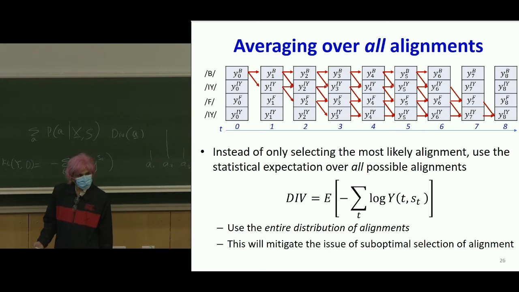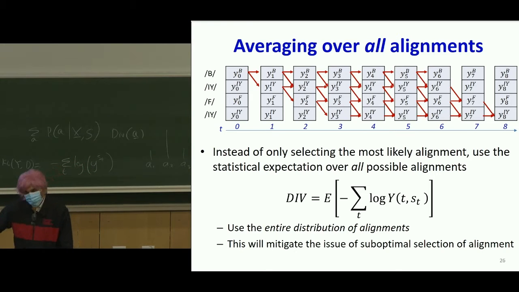This is what we would be doing. So this equation is simply saying I'm going to be computing the average of all of the divergences computed across all alignments. Is that making sense to you guys?